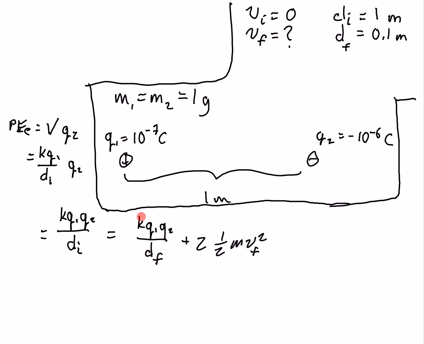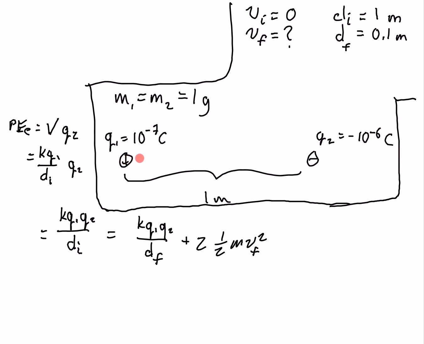The final energy is just going to be the final electric potential energy plus 2 times the kinetic energy of one of these particles. Now, the reason that there's a 2 here is, first of all, we have to account for the kinetic energy of both of them. And note that the force that they exert on each other is going to be equal.